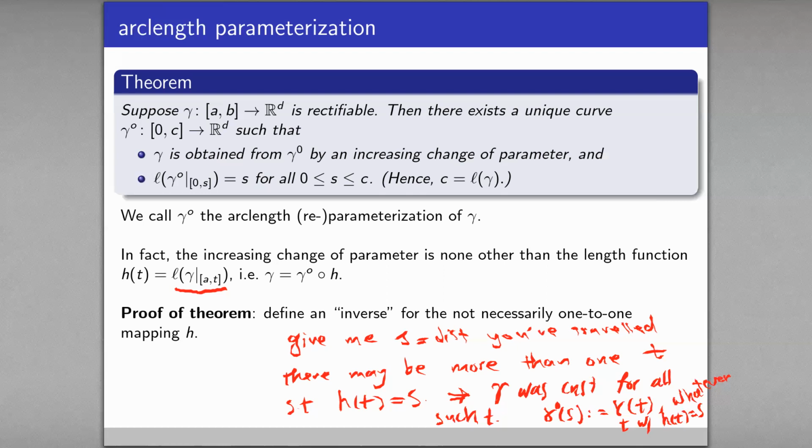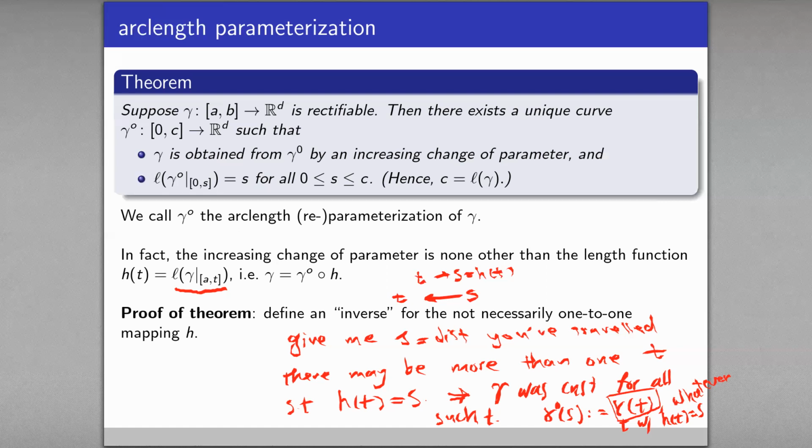So you kind of found an inverse. t goes to s equal h of t. Now going backward from s to t is not unique, but it doesn't matter which t you pick. You can even leave it ambiguous, but the end result will indeed be well defined, because if you choose a different t, your gamma of that new t will also be equal to the previous one, because gamma was constant throughout that interval.